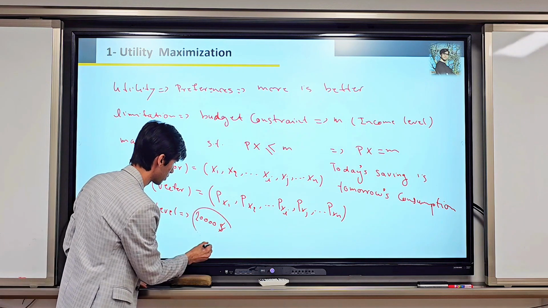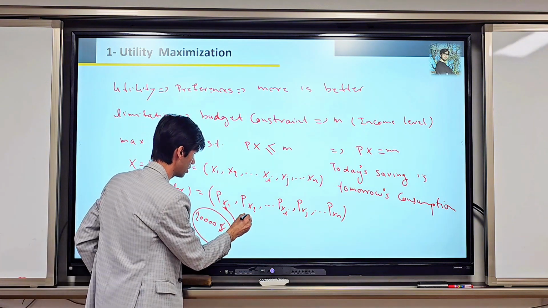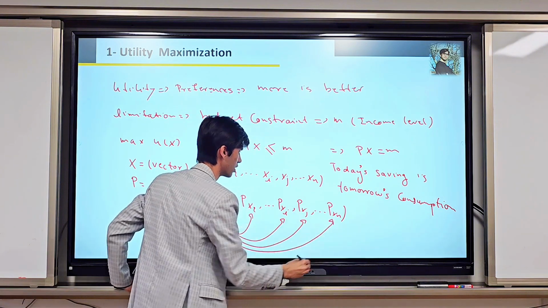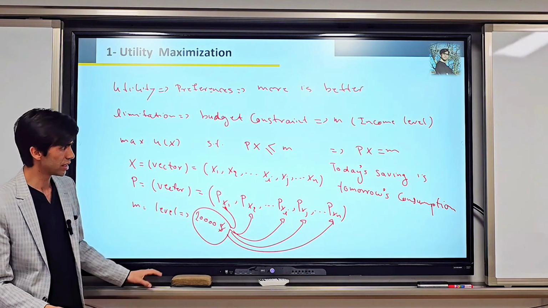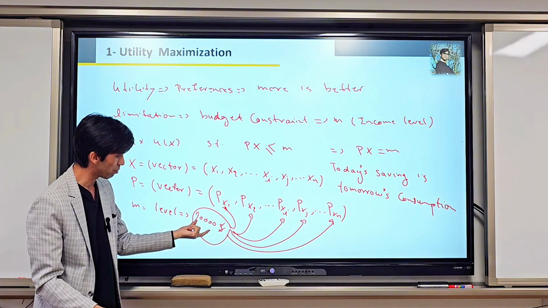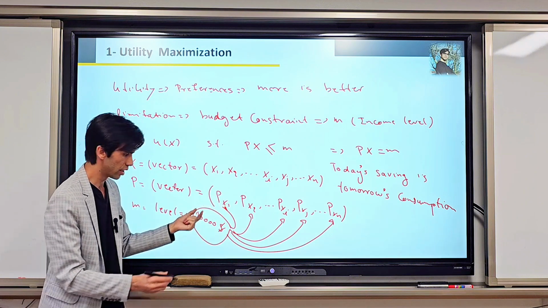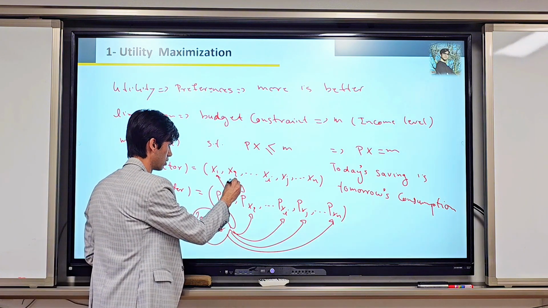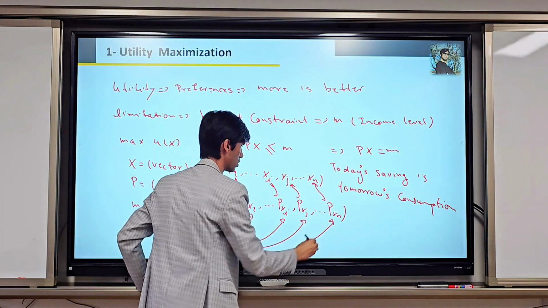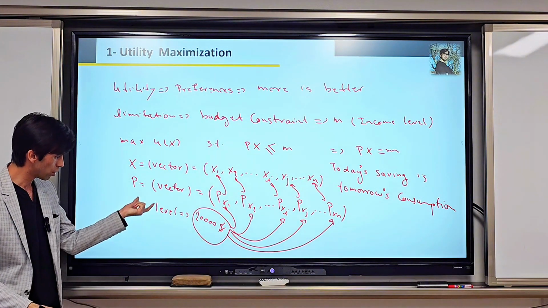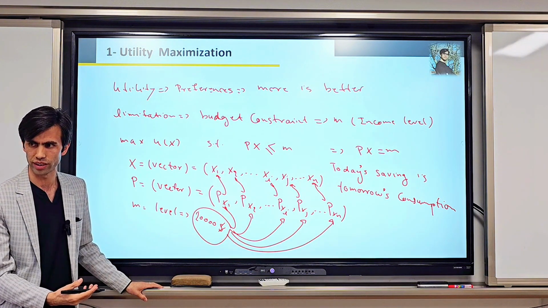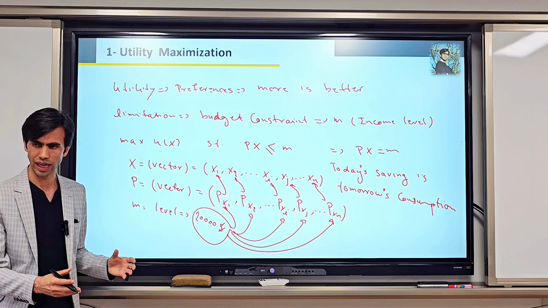So this can be allocated to X1, to X2, to Xi, to Xj, to Xn. It means as we have this equality, you spend all this amount of money to pay this price in order to consume this good. Why do you want to do that? In order to maximize your utility, maximize your level of happiness.